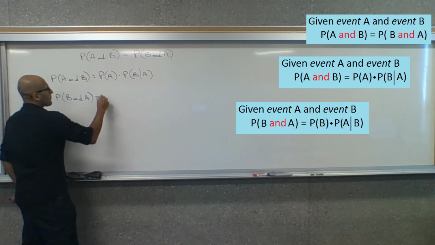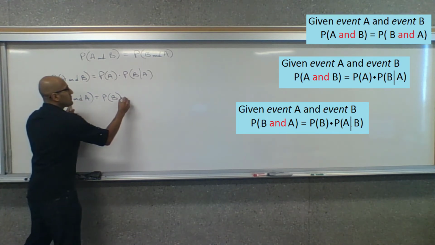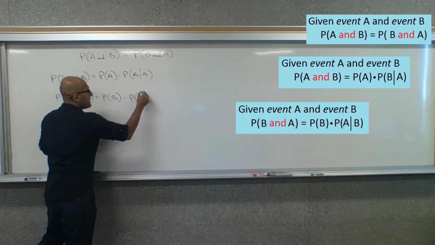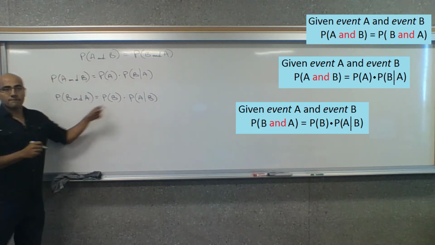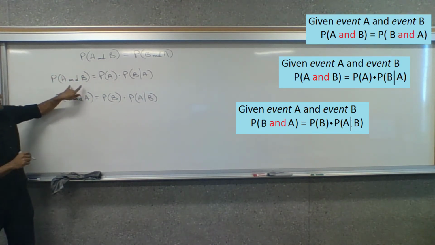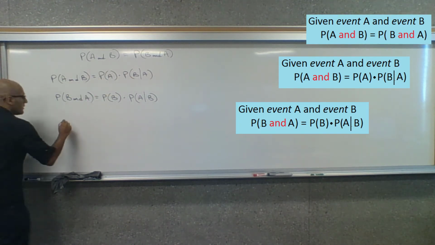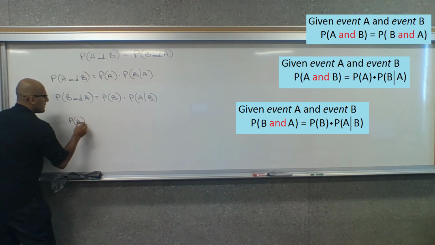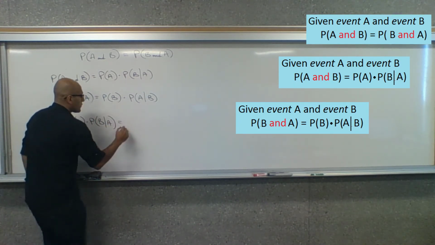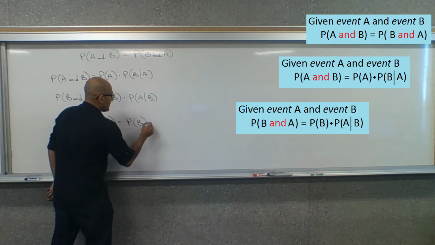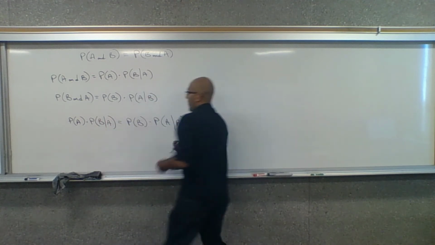Well, that's equal to the probability of B happening times the probability that A is going to happen, given that B has already occurred. Right there. And then finally, since this is equal to that, I can just say that these two things equal each other. Probability of A times the probability of B given A is equal to the probability of B times the probability of A given B.